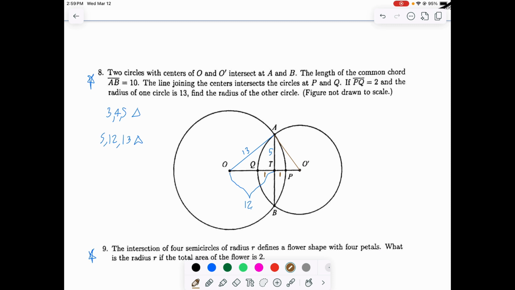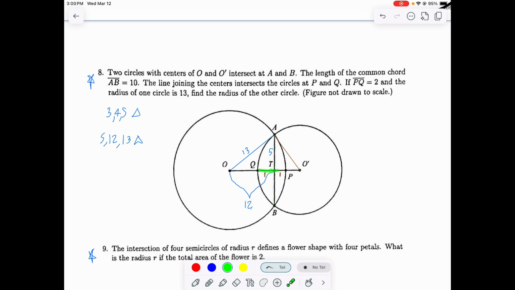Now, if I take a look at that, that actually tells me all I need to know about this figure, because that means that even though it's not drawn to scale, this and this are symmetric. The distance from a single point to each end of the circles is the same, which means these 2 circles are symmetric at where they intersect.